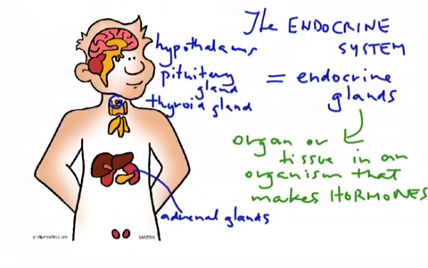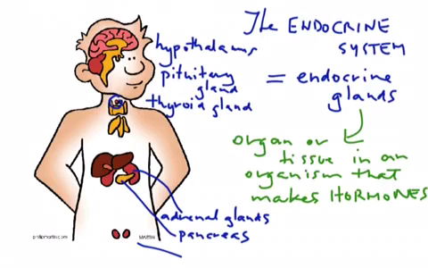And there are a number of other glands. The pancreas here makes insulin, which helps to control the sugar in your blood, and people who suffer diabetes have a problem with the way they make insulin in their pancreas, and so have to have it regulated in other ways.